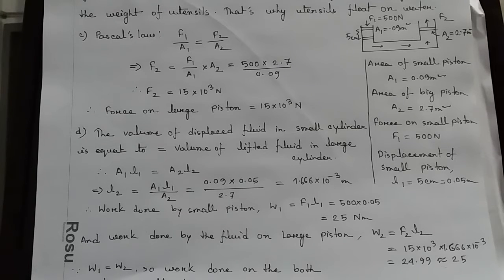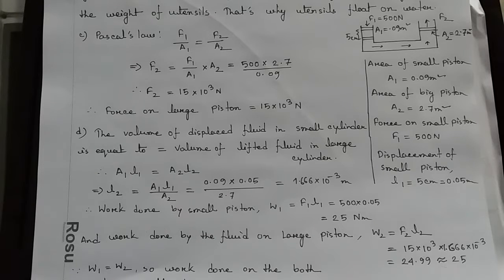First of all, utensils are made of a thin layer of aluminium, and their surrounding area or volume is so large. And the second point is the inner side of utensils is hollow, that's why the weight of displaced water by utensils is larger than its own weight. That's why utensils float on water. So this is the answer of our second question.